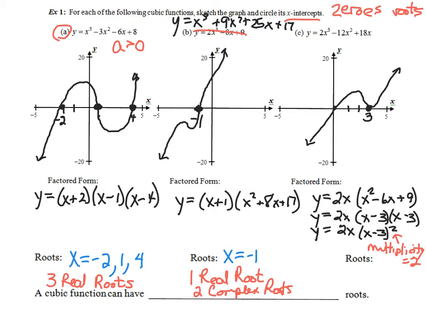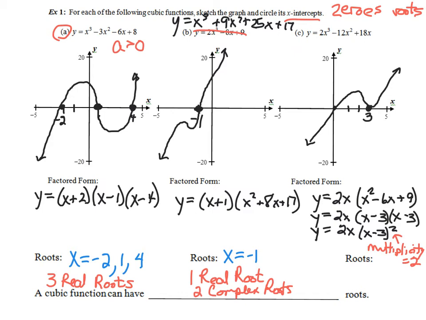When that happens on my graph, when I have a factor that's a multiplicity of 2, the graph comes down to 3, but then kind of bounces off the x-axis and goes back up again. So it doesn't cross through the x-axis when the multiplicity is equal to 2. And that's going to be really important for us to notice the difference between example A and example C.